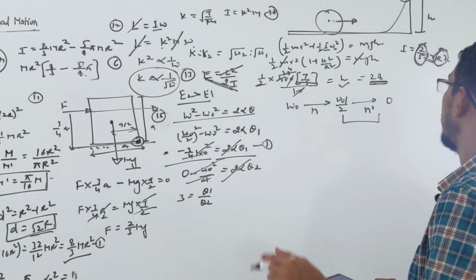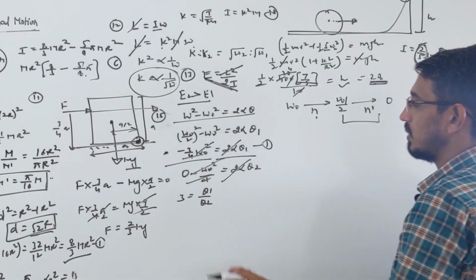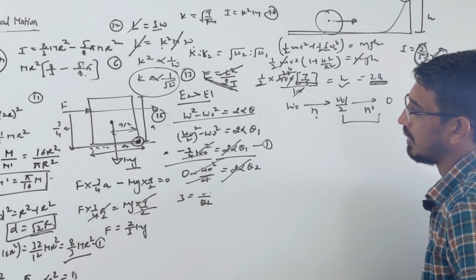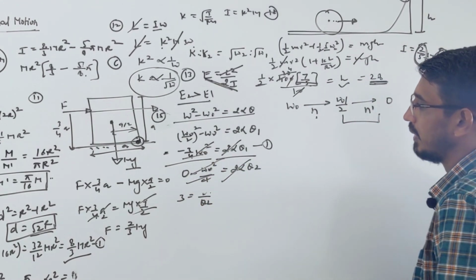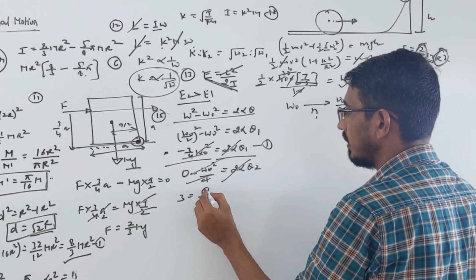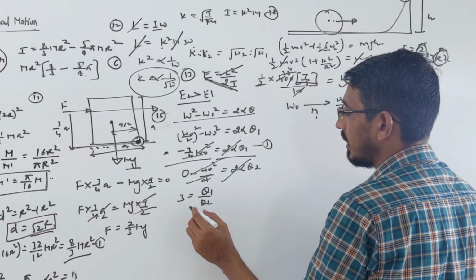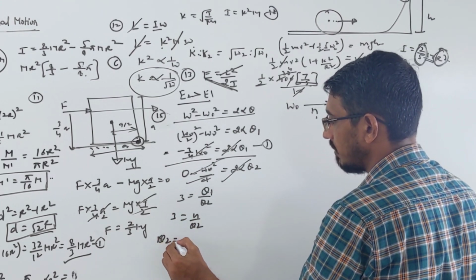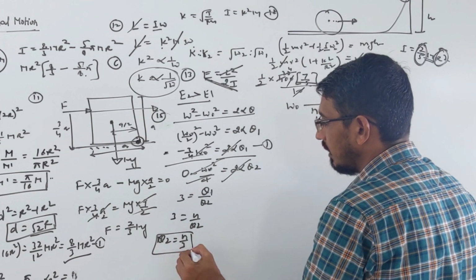First case, n rotations here. So theta 1 is given as n, theta 2 you have to find. So theta 2 becomes simply n by 3.